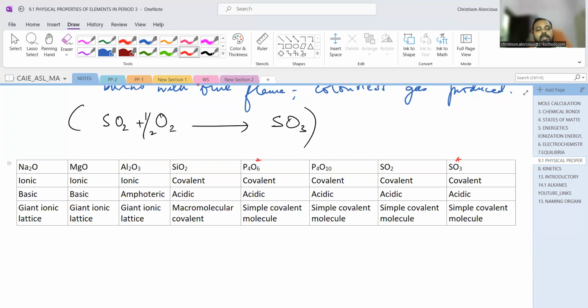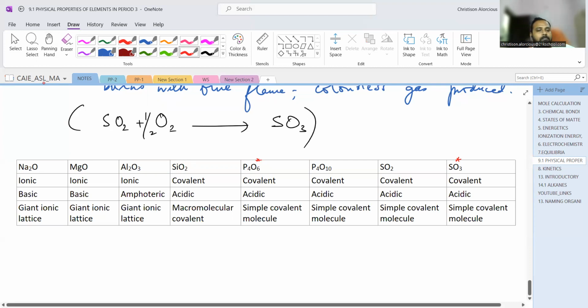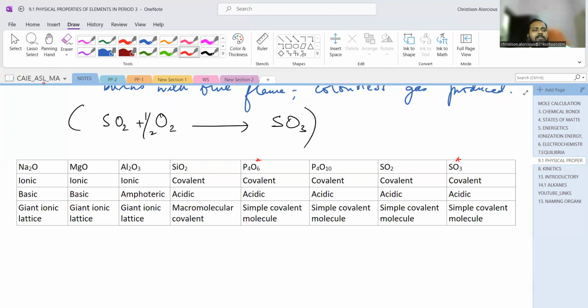If you look at the bonding, you start as ionic, and then silicon dioxide turns covalent. So from there on, it just goes covalent. You can see that as you go from the left to the right, from the metals through the nonmetals, the bonding becomes less ionic.